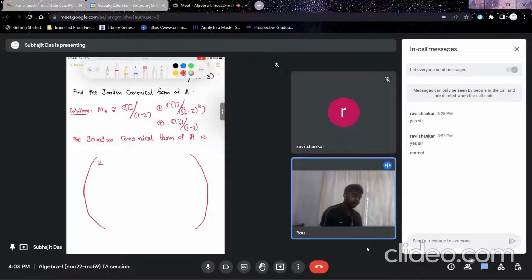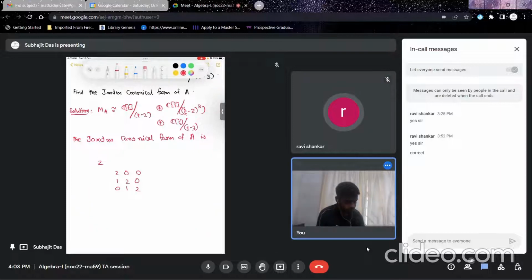And then you have C[t] modulo (t minus 2) whole cube, right? So the power is 3 here, which means that the corresponding Jordan block will be a 3 cross 3 matrix. It will correspond to the eigenvalue 2, and it will look like 2, 0, 0. Then you have 2 here, you have 2 here, and you have 1 here, right? This is what the Jordan block looks like for (t minus 2) whole cube, right? Isn't it?